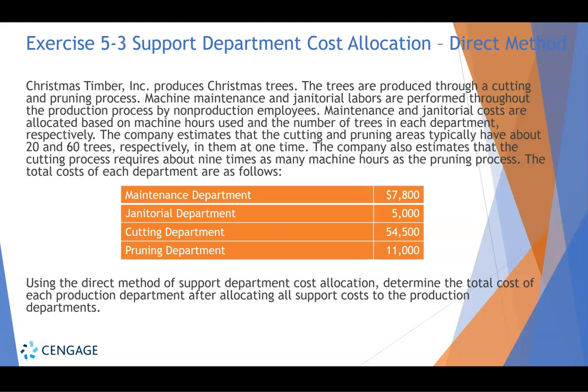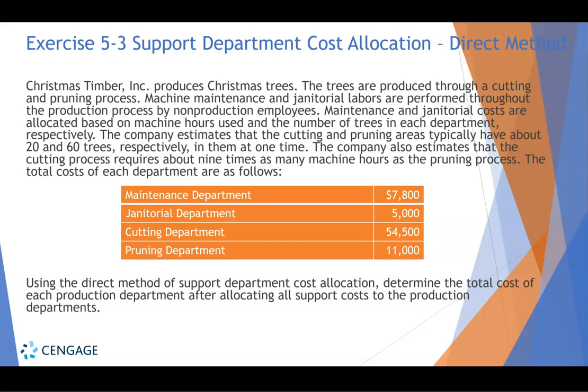Here's another one. Christmas Timber produces Christmas trees. The trees are produced through a cutting and pruning process. Machine maintenance and janitorial labor are performed throughout the production process by non-production employees. Maintenance and janitorial costs are allocated based on machine hours used and the number of trees in each department, respectively.